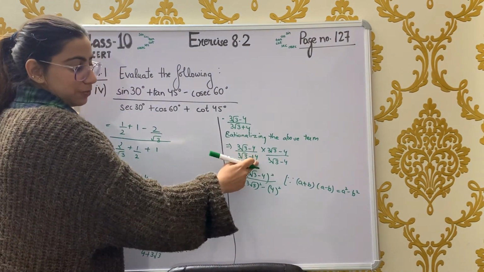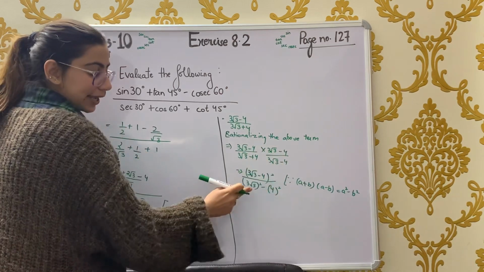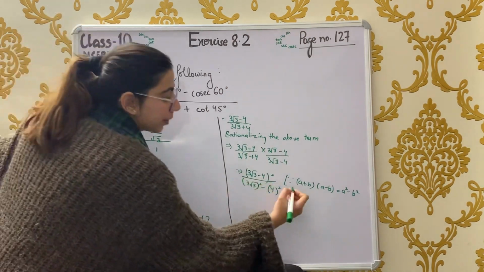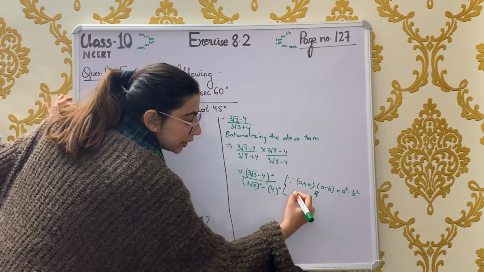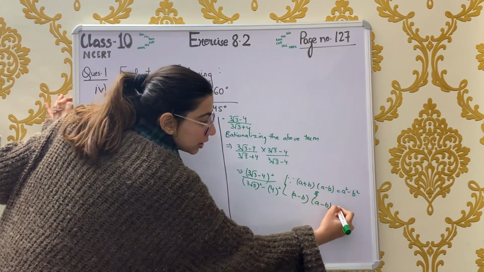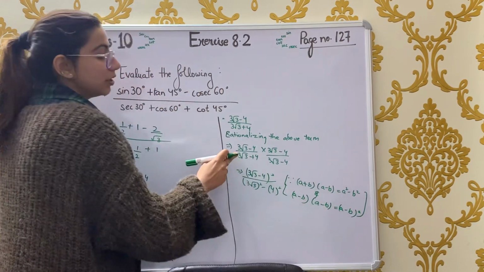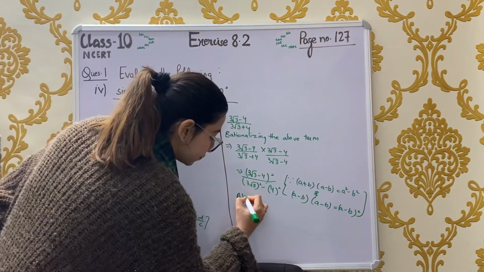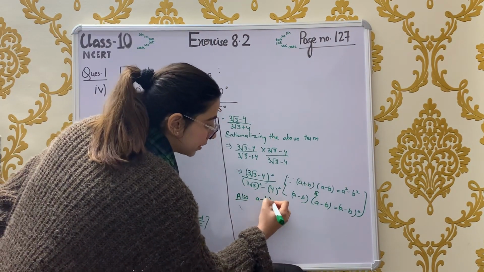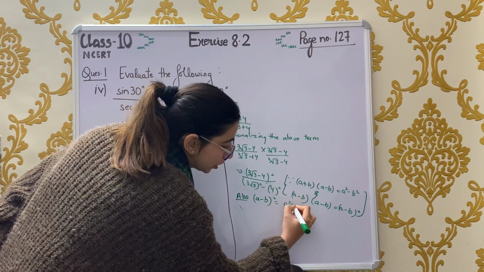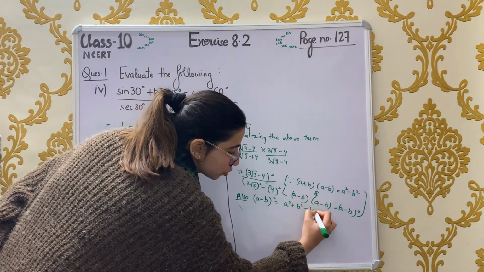So a plus b into a minus b gives us a square minus b square, and a minus b into a minus b is equal to a minus b whole square, which is the case in the numerator. So a minus b whole square is equal to a square plus b square minus 2ab.